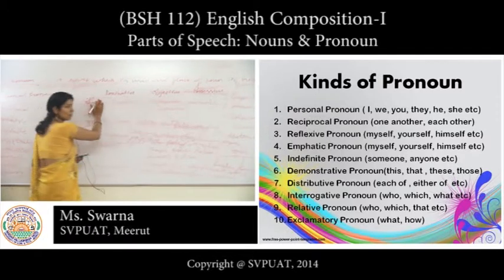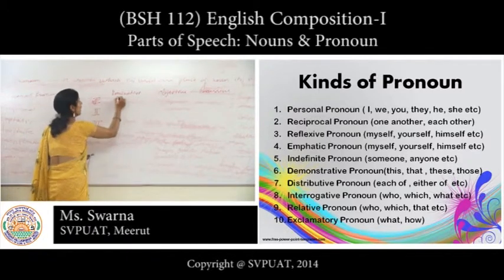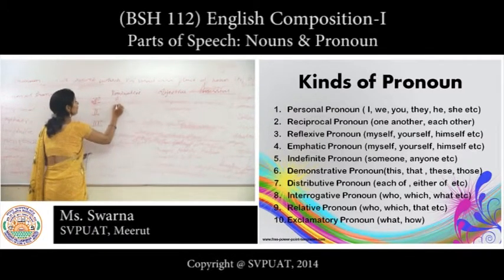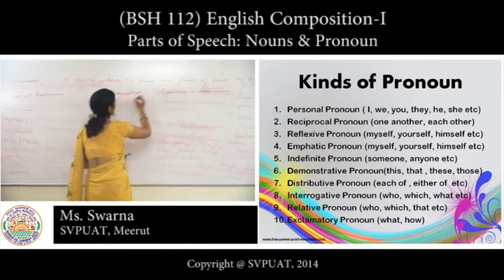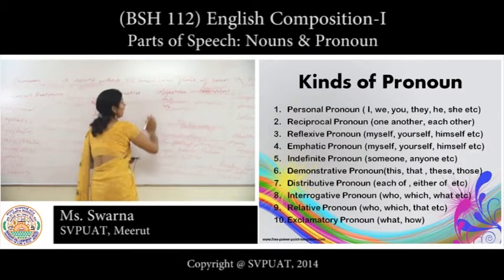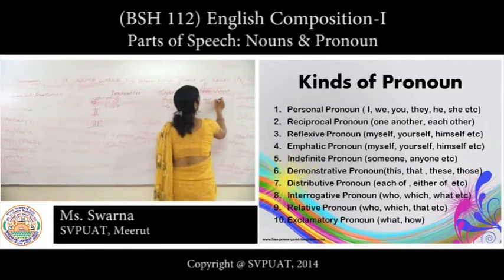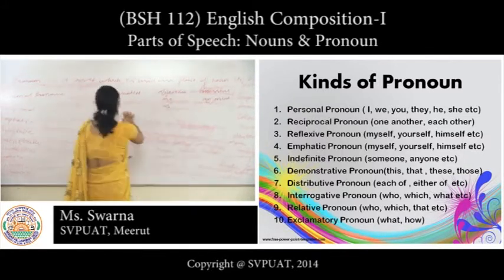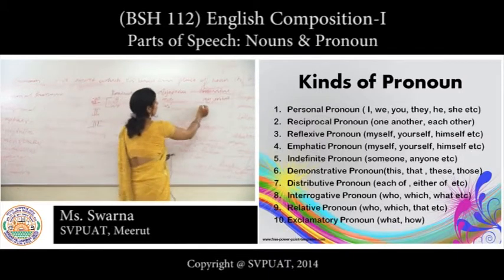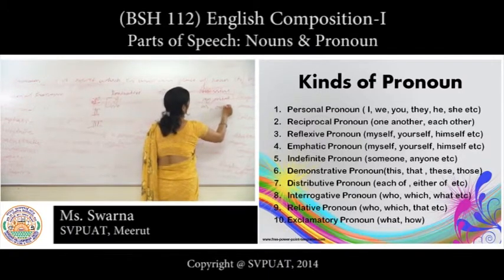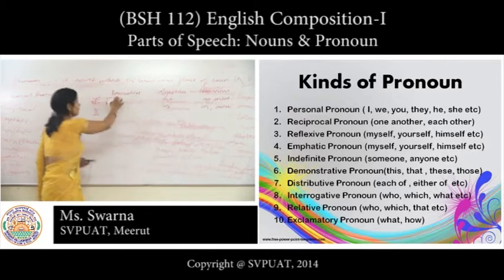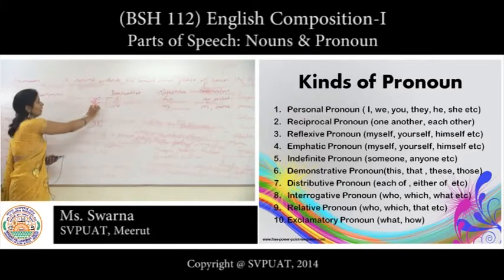Like in first person, we use I or we. Its objective case is me, us, and in possessive case we use my or mine, and ours. So these words I and we are first person.